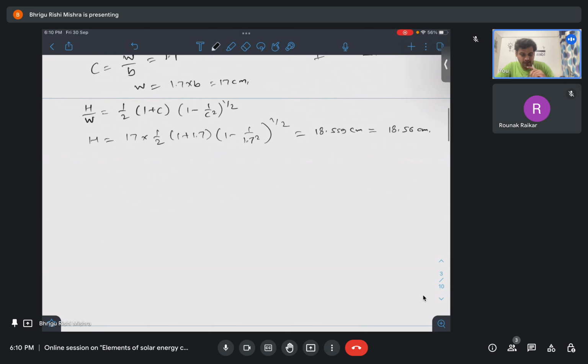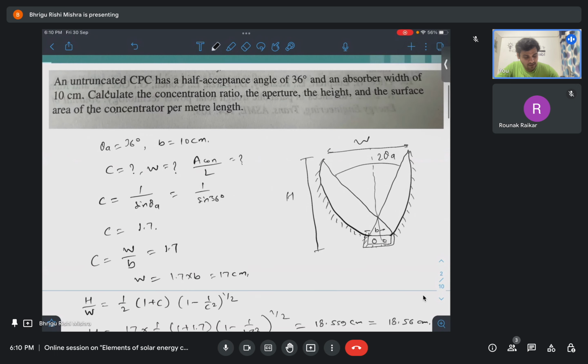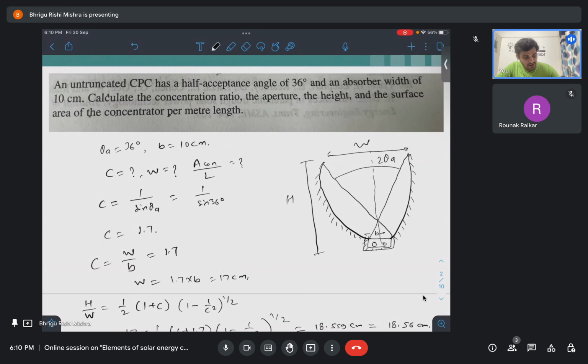So this is the height, and now we need to calculate the surface area of the concentrator per meter length.